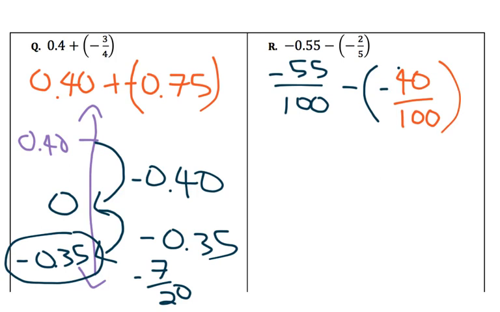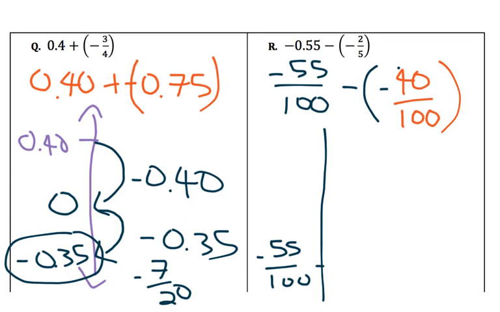Now I see this problem and I ask myself, are we going up or down? And since we're subtracting weights, the house gets lighter. We're actually going up in this problem. So we're starting at -55 hundredths. And we're going up 40 hundredths.